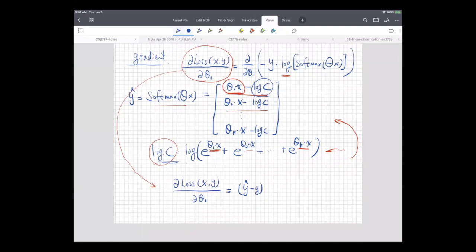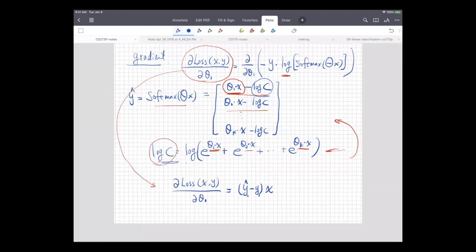So that is y hat subscript 1 minus y subscript 1. Essentially, for the first class label here, what is the difference between the prediction and the actual class label assignment? So essentially, you can treat this as a residual, and then times the x here in this form.